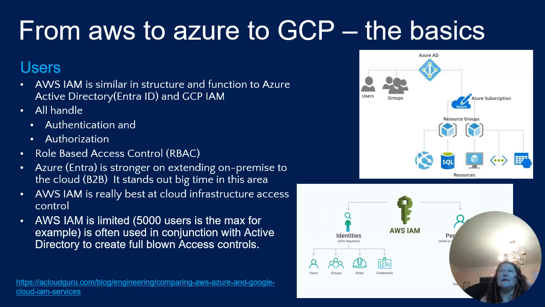And a real user is someone like me or you who's actually going to go in and use the system. A service account is where an application has to have an identity that it uses to access other resources within the system. So, for example, if I have a Lambda function, it might have to run as a particular service account.